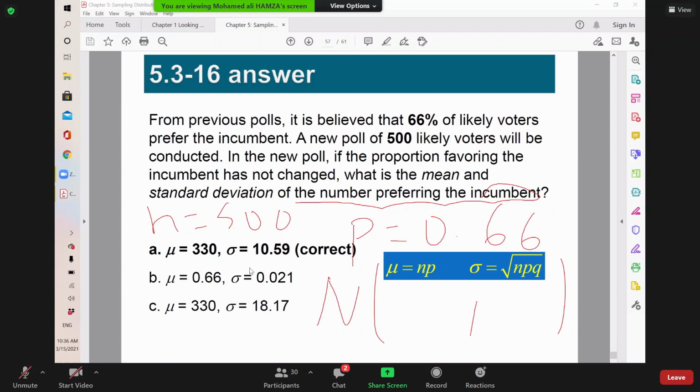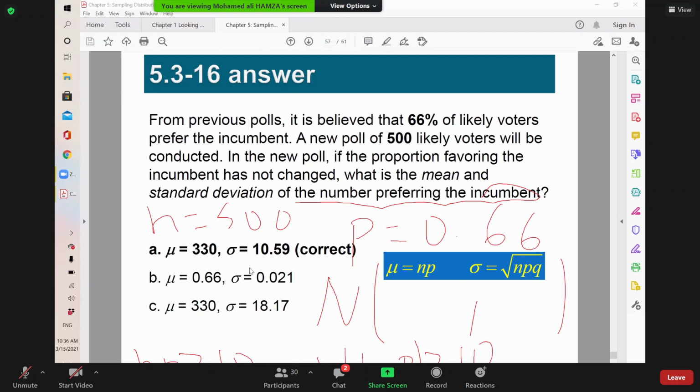Obviously here n times p is more than 10, and n times 1 minus p is more than 10, so we can approximate this binomial distribution, with n equal 500 and p equal 0.66, without any problem by a normal distribution.